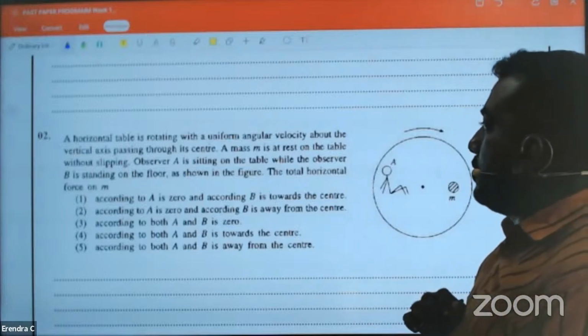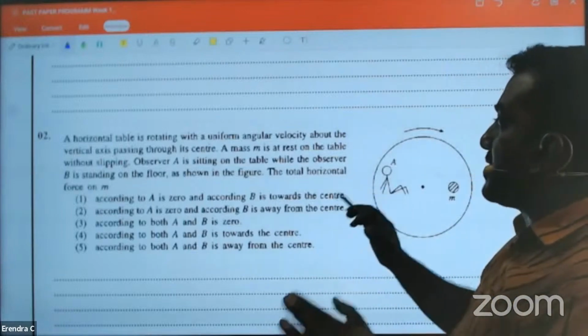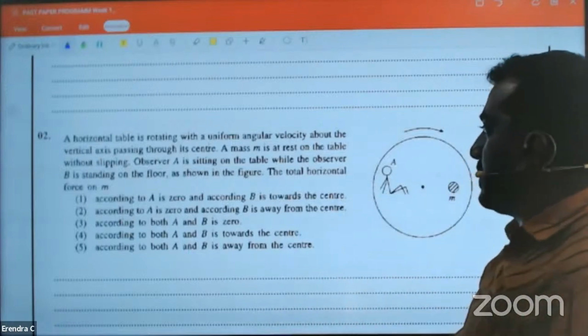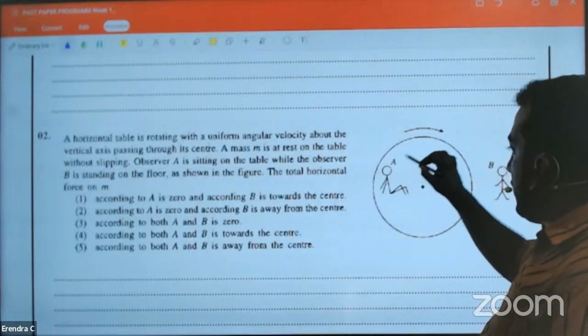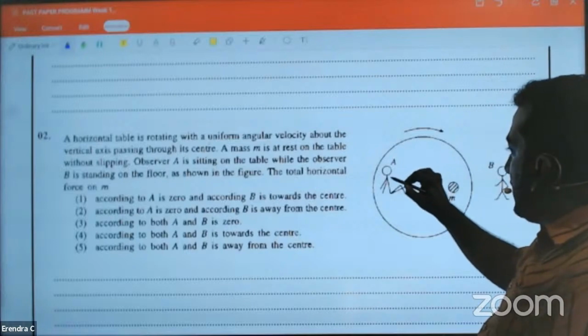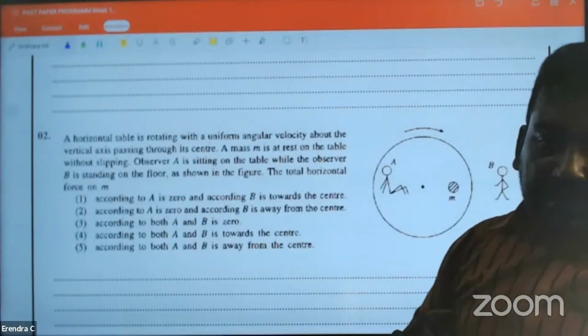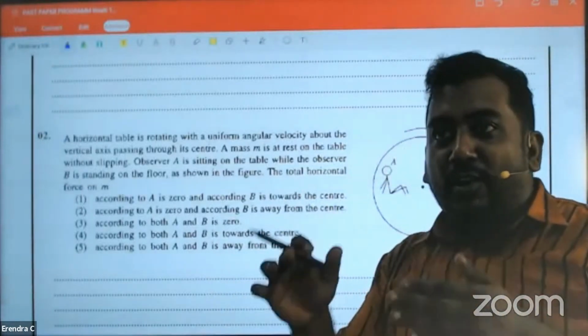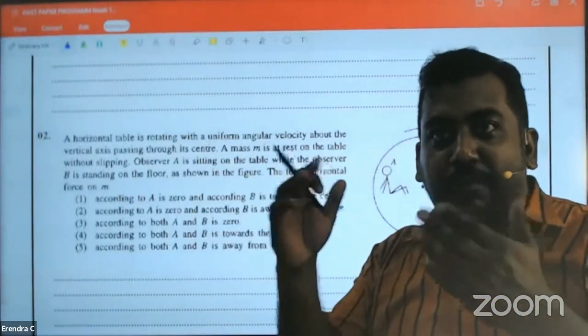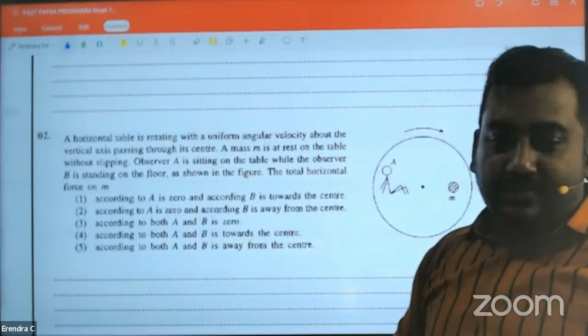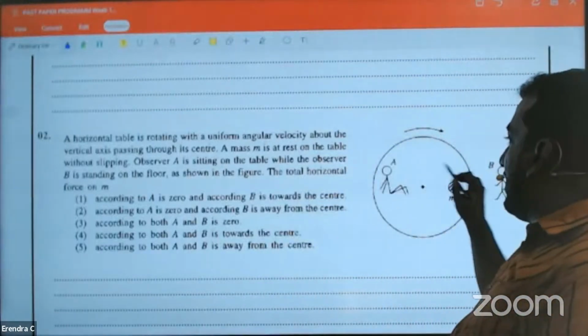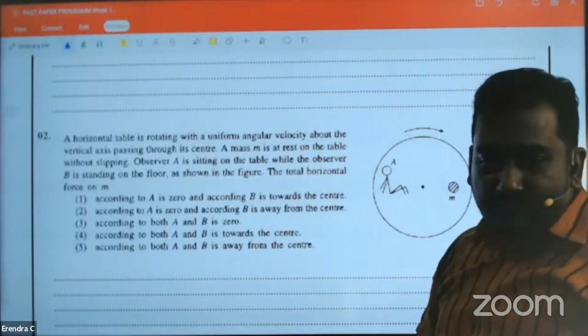What are they asking you? The total horizontal force on M. Now remember, if you're rotating with this, with respect to you, you will observe this to be at rest. Imagine you're going on a merry-go-round, your friend is also on a merry-go-round, with respect to you, your friend is also at rest. So with respect to him, he will observe the resultant force is 0.